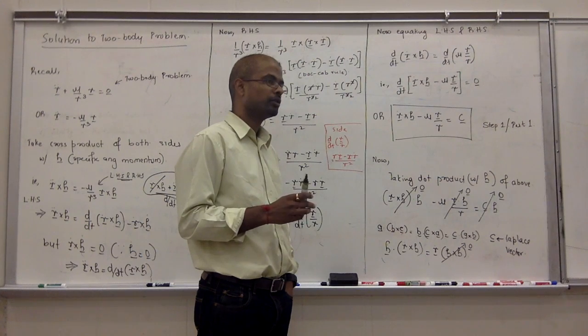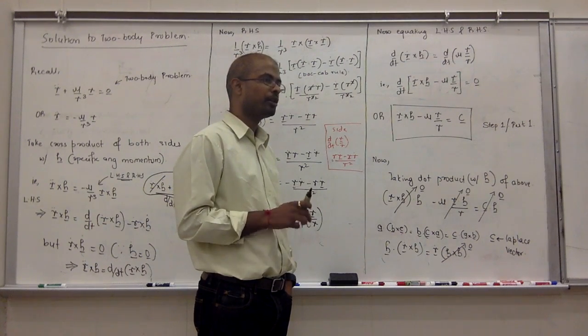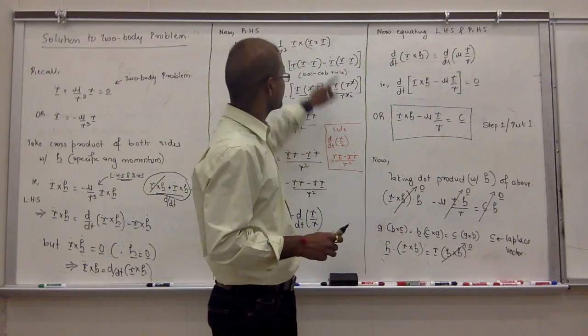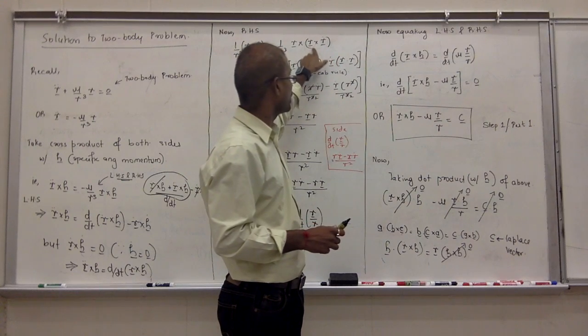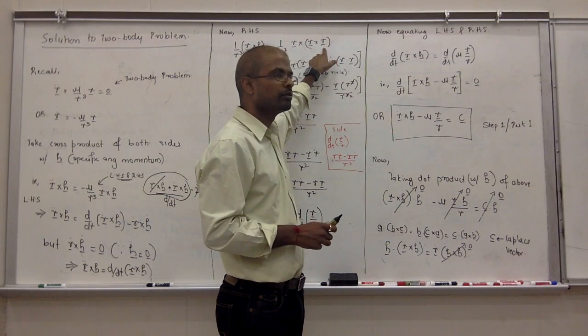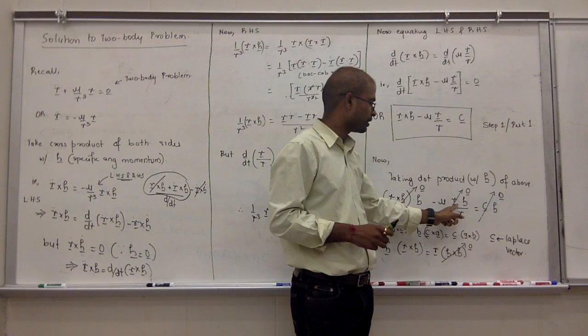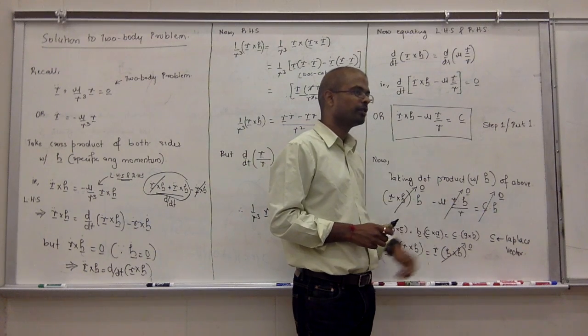If C is equal to A cross B, C has to be perpendicular to A and B, right? So if H is defined as R cross V, it has to be perpendicular to R and V. So here it is clear that R and H are perpendicular. The angle between them is 90 degrees, right?